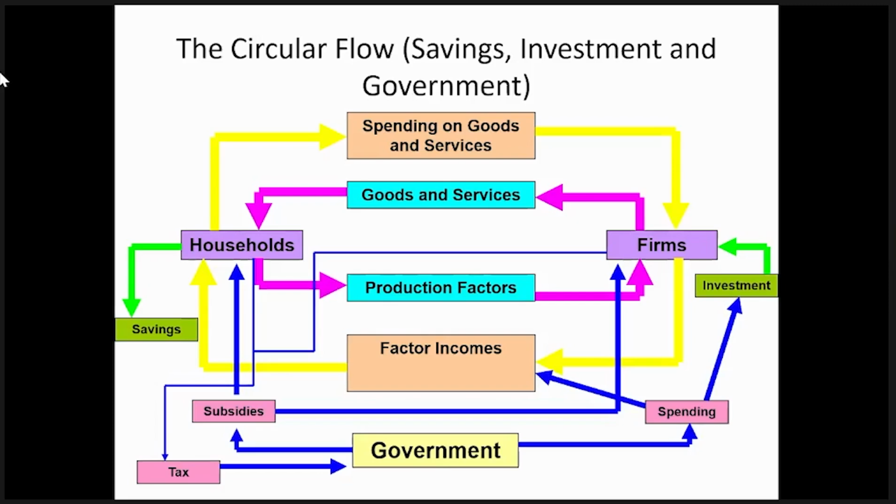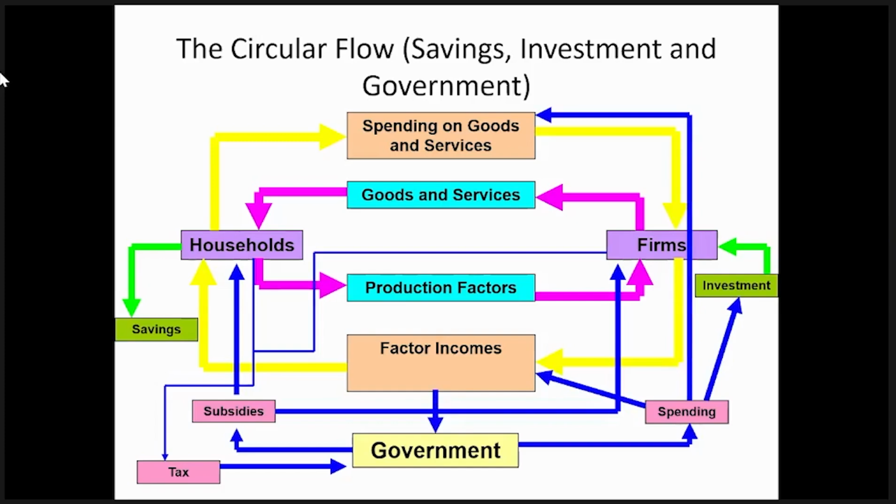All these are under investment. So government does some spending on investment, as well as government spends on goods and services. When government operates, it needs goods and services. Therefore, government will spend money on goods and services. So this is what happens when we are having the public sector or the government sector in the economy.